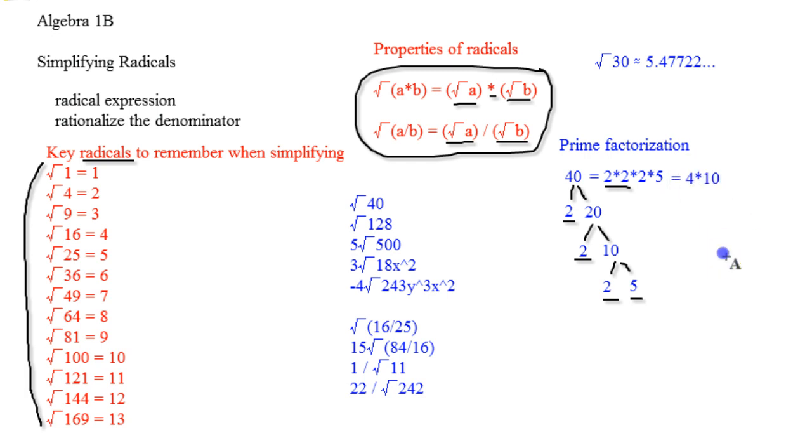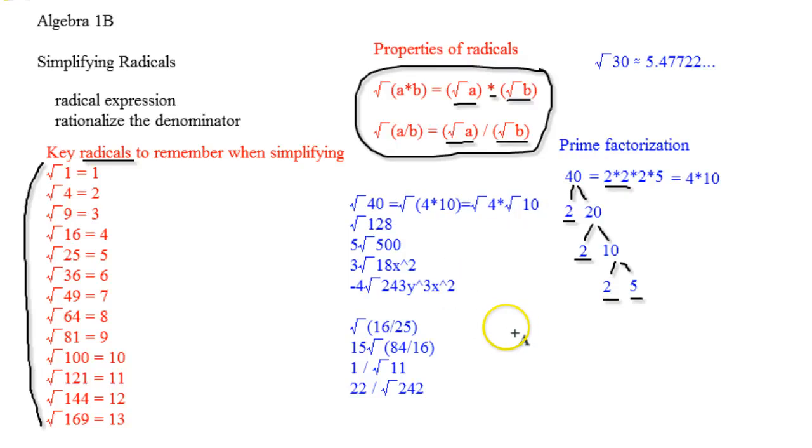Now this is one way of doing it. I like to think of it also a different way. So what I can do is rewrite this as the square root of 40. Well, it actually would be the square root of 4 times 10, which I can rewrite as the square root of 4 times the square root of 10.